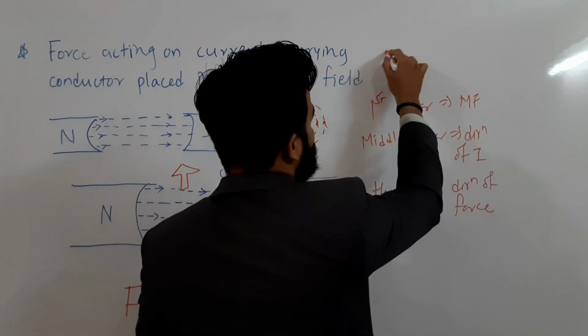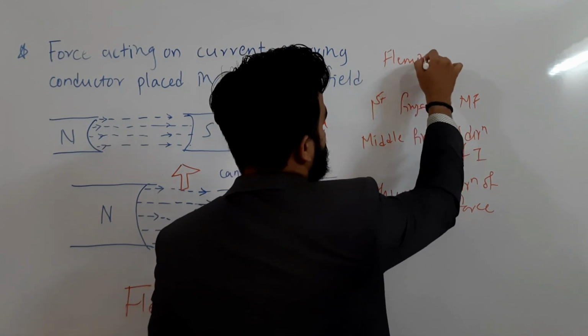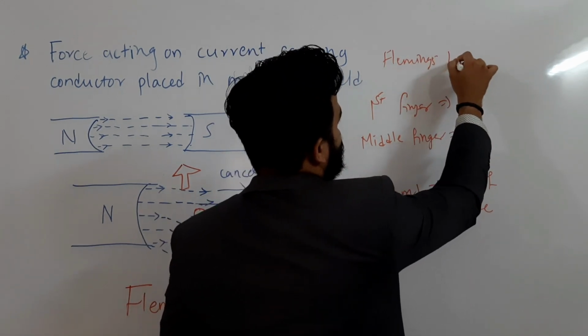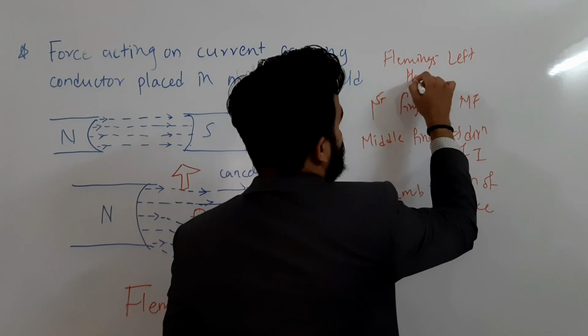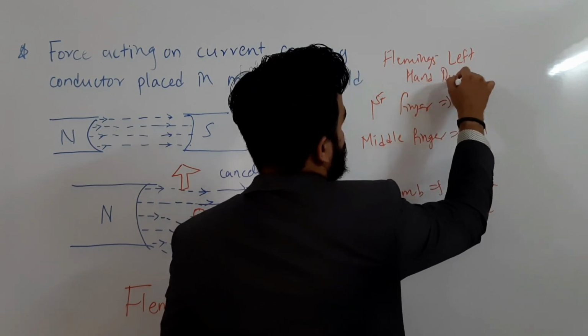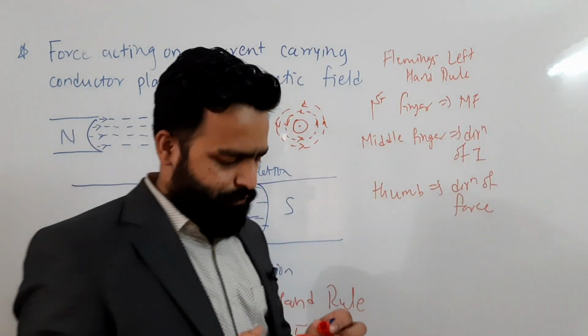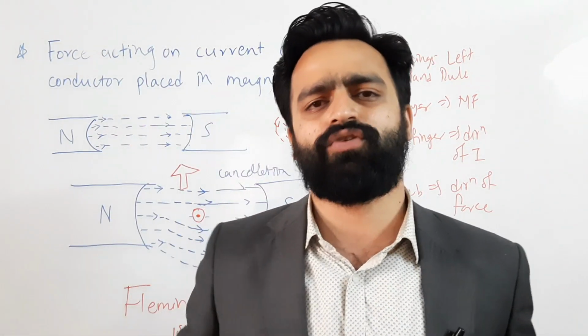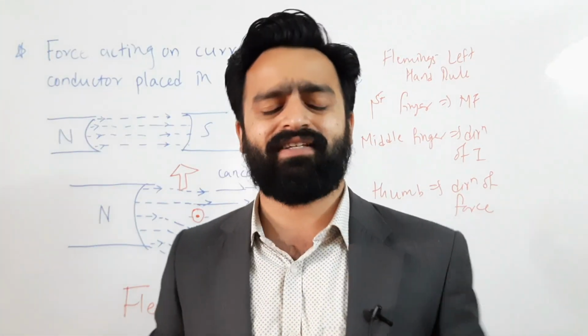This is Fleming's left hand rule. Fleming's left hand rule is used for motor and Fleming's right hand rule is used for generator. That we'll discuss in another lecture.